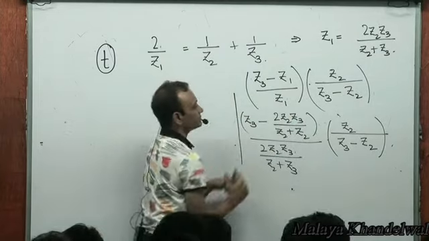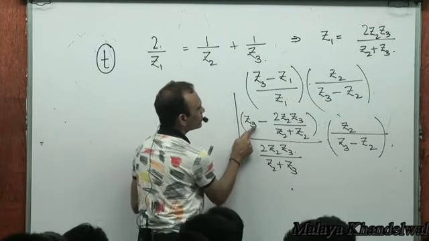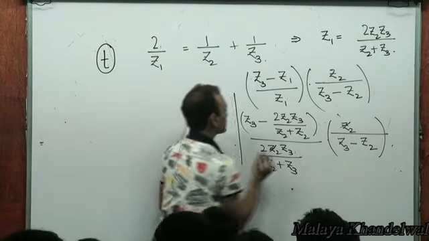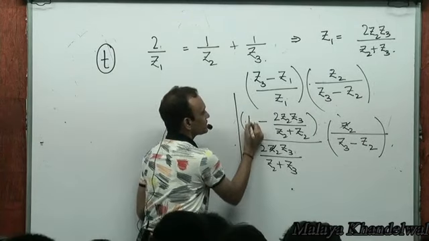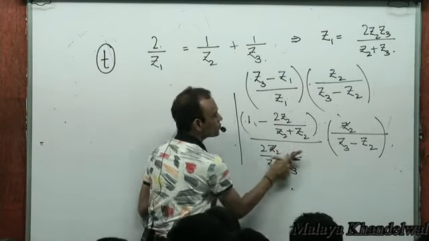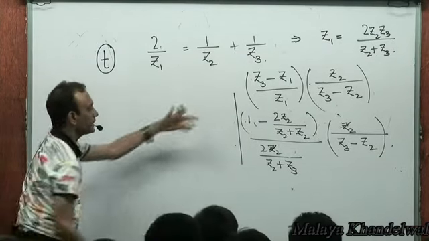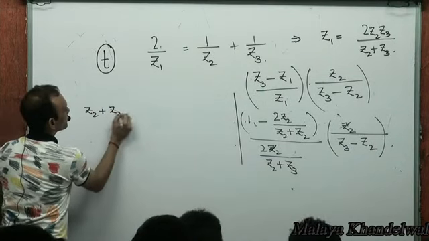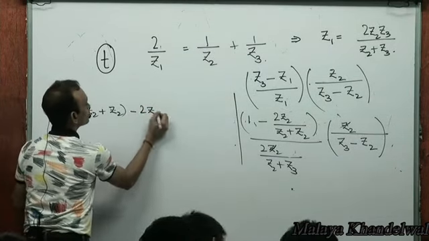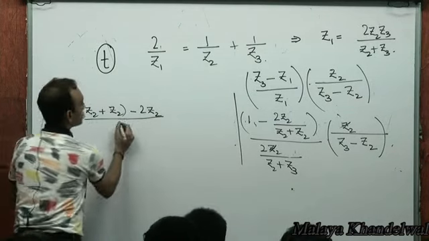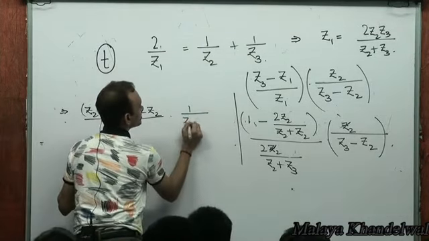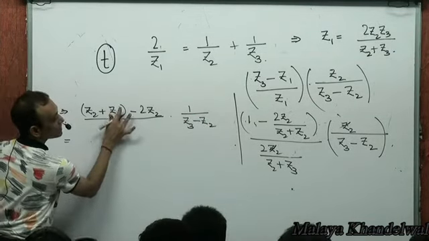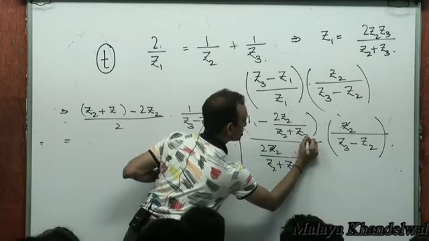This will shift in the numerator, and realize that I could cancel this z3 with this z3. This z2 would get cancelled with this z2. This z3 is 1, this z3 is 1, and this goes away. Yes or no? Right? And then it's as simple as (z2 plus z3 minus 2z2) divided by 2, into 1 by (z3 minus z2), plus z3, z2 plus z3.